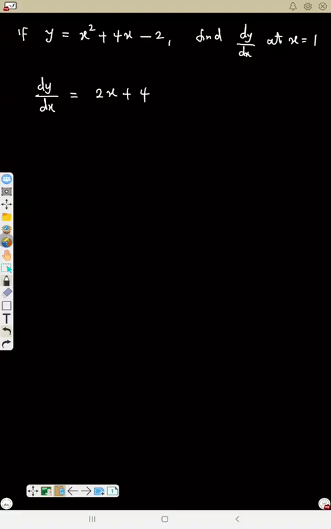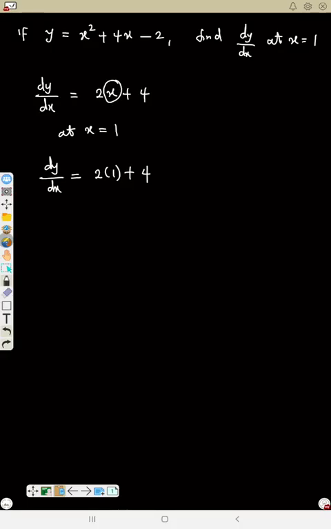Now you should have stopped here, but the question says at x equals to 1. That means at x equals to 1, anywhere you see x you are going to put 1. So this becomes dy over dx will be equal to 2 bracket 1 plus 4. Hope you get it. Anywhere you see x here, just put 1.